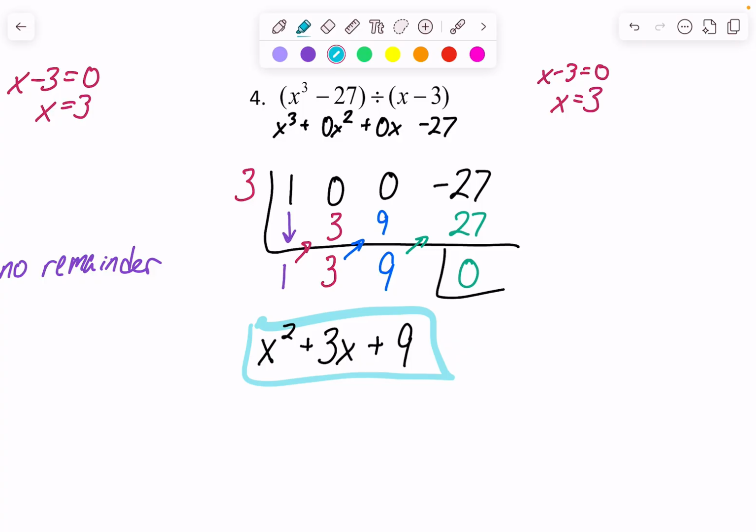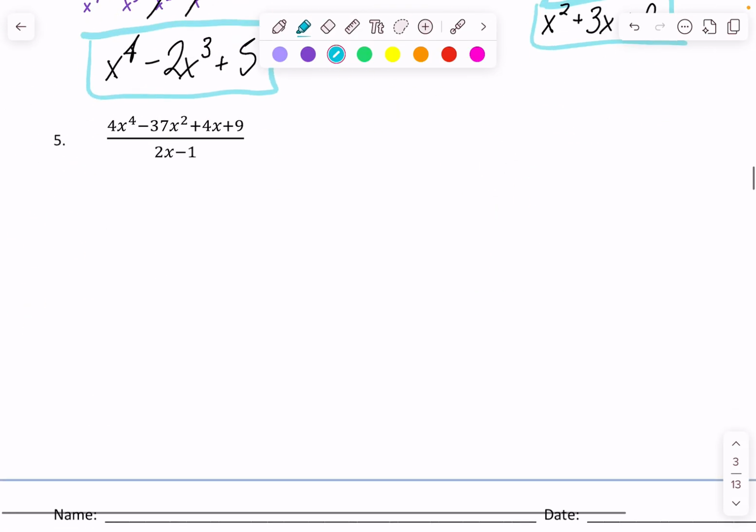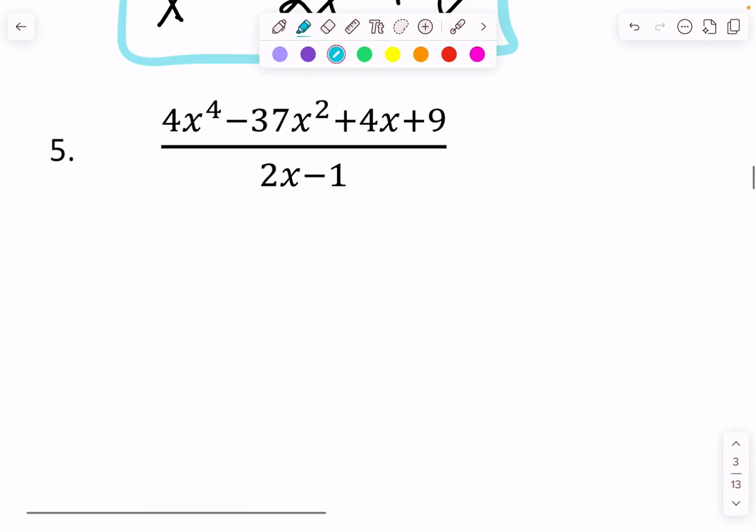So then whenever we have a divisor where there's a number in front of the x, so it's not just a 1, some things can get funky. But the easiest way to deal with this is to go ahead and do the math like you normally would.